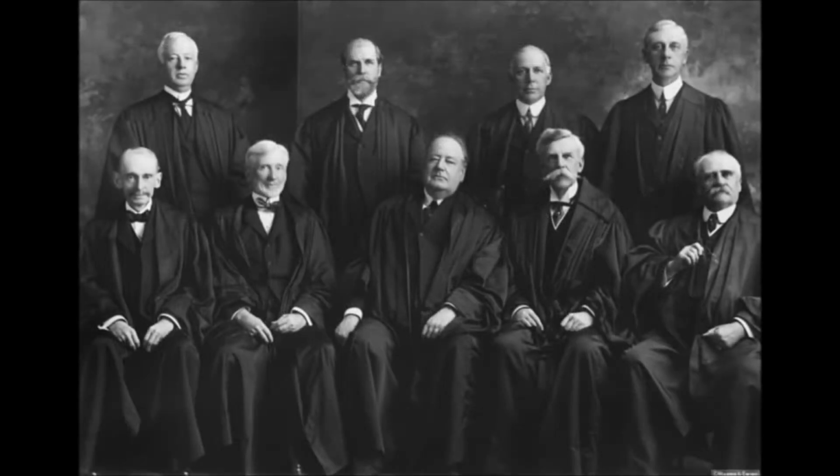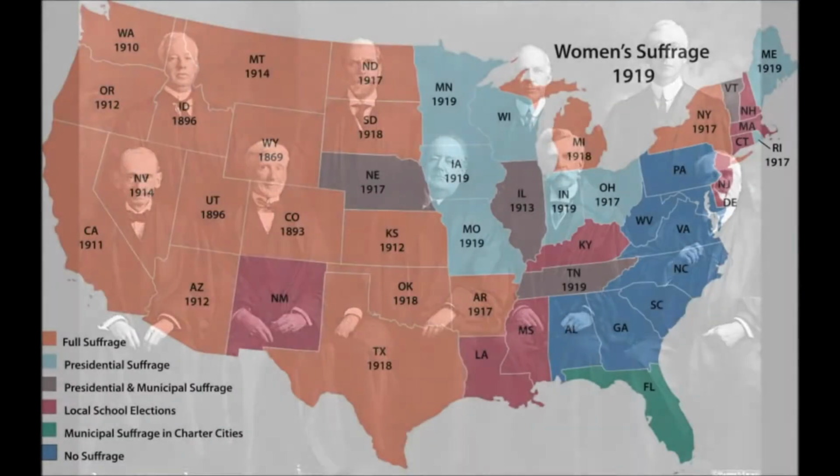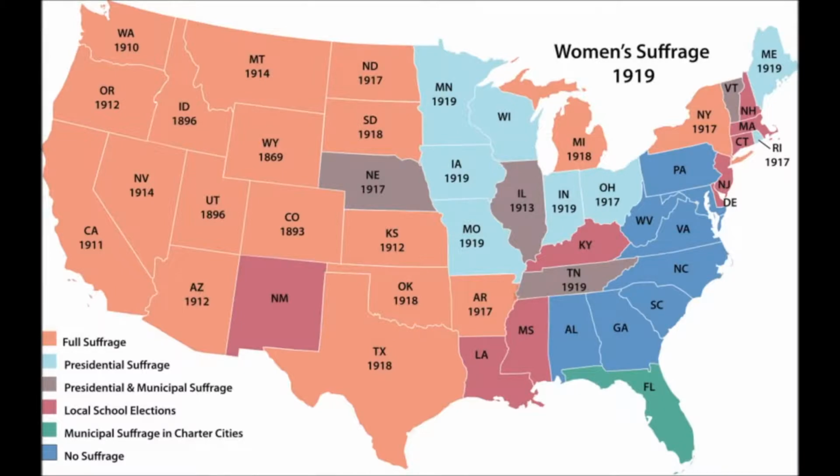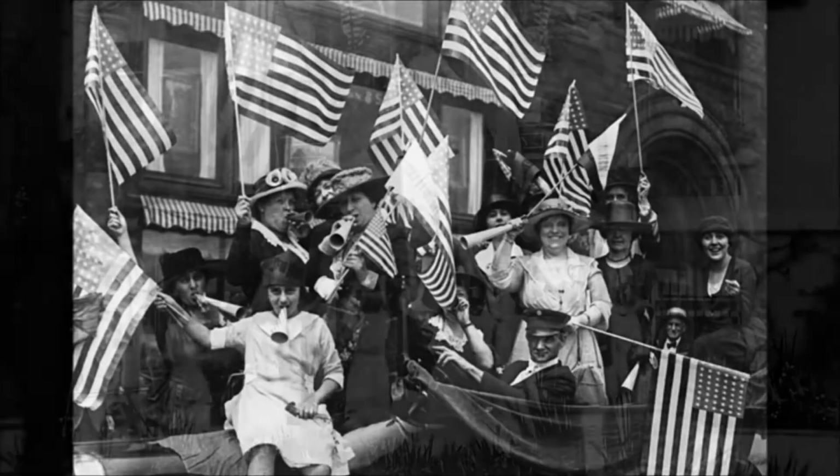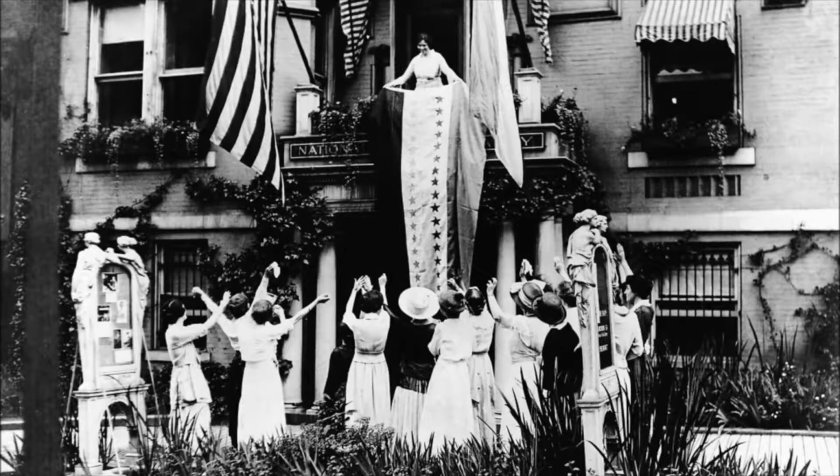The Supreme Court case known as Leser versus Garnett argued that this amendment took away a state's right to determine for itself whether women should vote. The Supreme Court dismissed this claim and upheld the amendment as being constitutional. Some states still refused to ratify the amendment, even though it was now law.